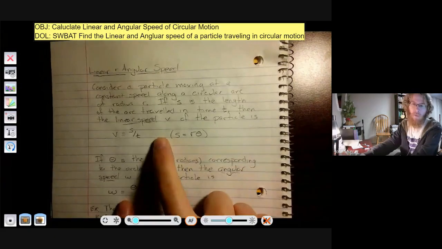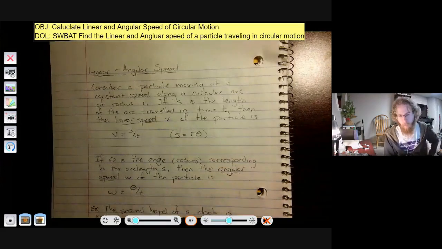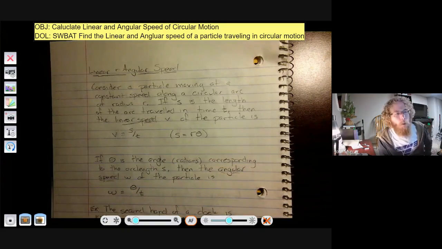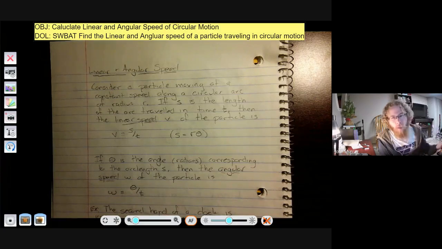So here we have the formulas for linear speed and angular speed. So, the most simple version of this that we consider is a particle moving at a constant speed along a circular arc. So we have a point in space that moves in a circle.